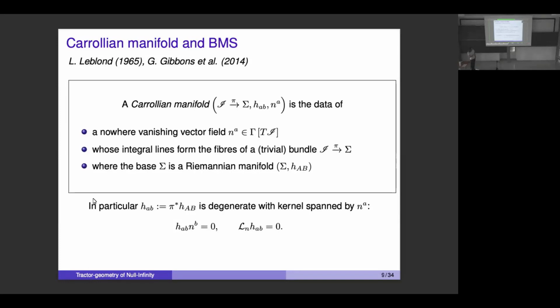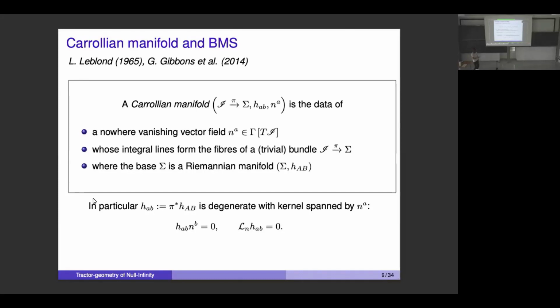On the base, you have a manifold, and you ask that there is a metric on this space manifold. So you should think of it as some two-sphere with a metric, and you have a line on top of it. In particular, you can pull back the metric on the base to get a metric on the total space, which is degenerate, and the vector field is the degenerate direction. So we want to call this a Carrollian manifold.